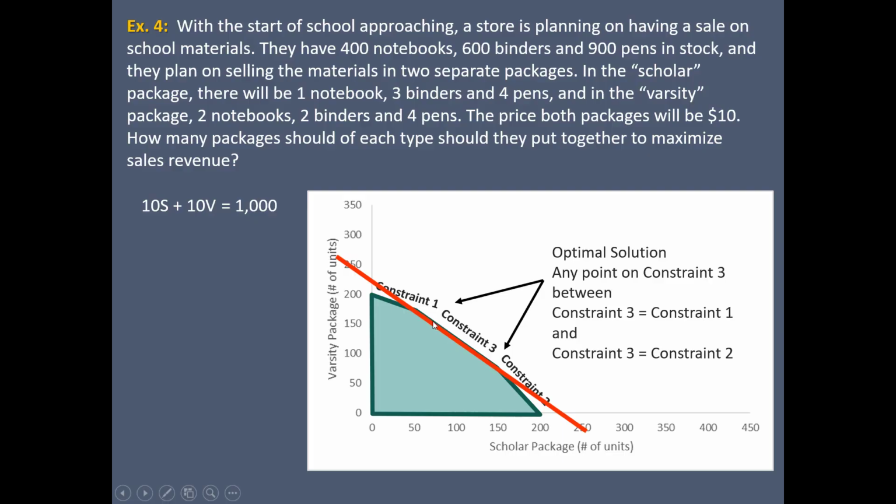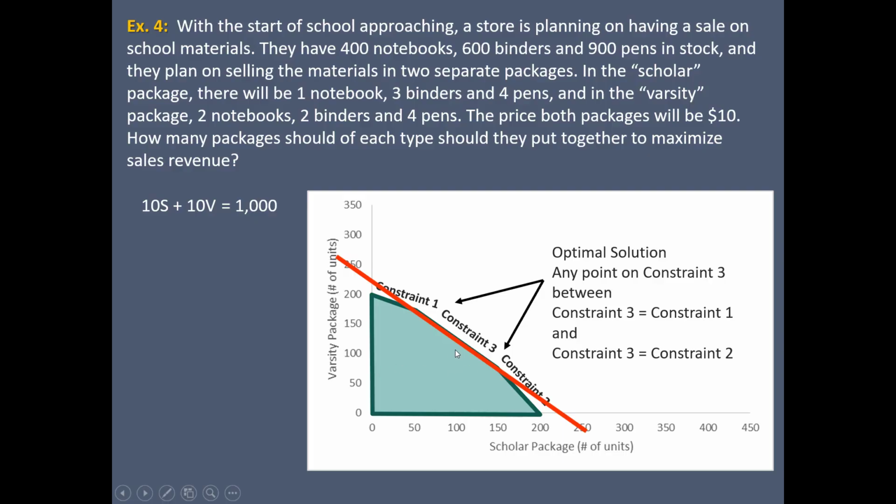Any point I choose along this line, and again, I'm not doing any math to solve for what the actual solution is, it looks like one optimal solution would be choosing to make roughly 150 scholarly packages. Remember, we would have to do math to solve for exactly what that is. And somewhere a little below 100 varsity packages.